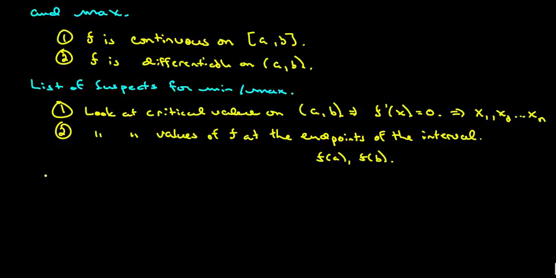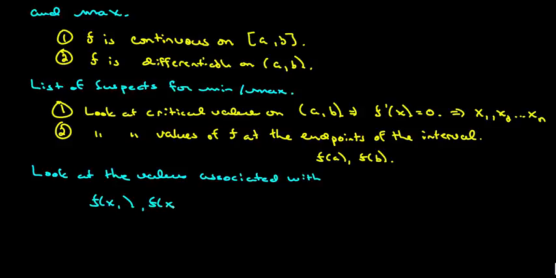What we're going to do is we're going to look at the values associated with f of x1, f of x2, f of xn, and also f at A and f at B. The largest of these will be the maximum, and the smallest of them will be the minimum of the function on that interval.